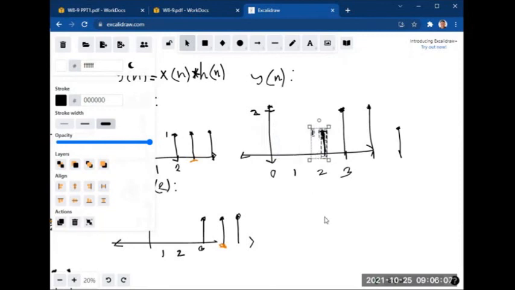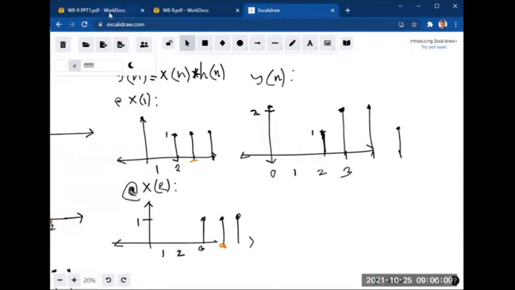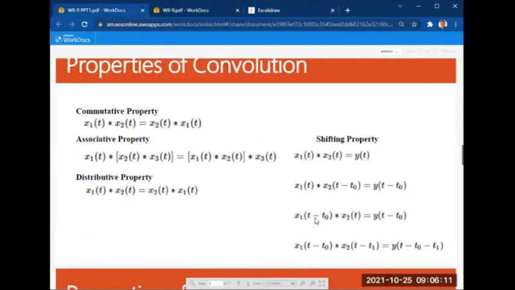So that's for the shifting property of our convolution. If one of the signals is shifted, the output will be shifted. It doesn't matter if it's the impulse response or the input signal. If both signals are shifted, both shifts will also reflect on our output.